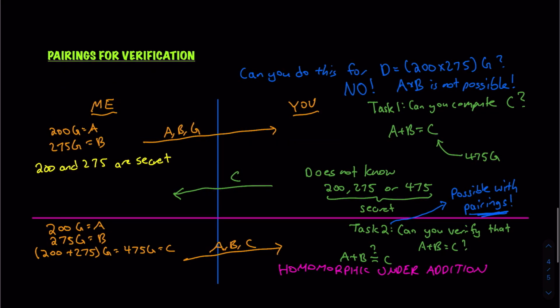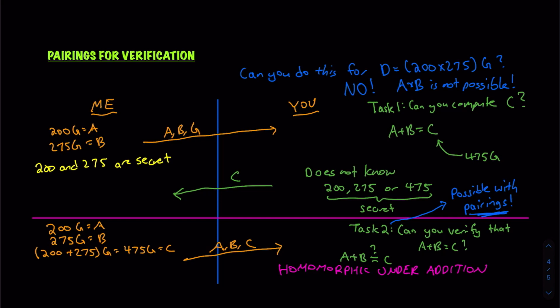Let's go back to why we introduced pairings in the first place. I will rewrite the example that we had. I have calculated 200 times G equals A and 275 times G equals B, and everybody knows G. I had shown you that elliptic curve groups are homomorphic under addition. This meant that I could ask you to calculate C, which equals (200 + 275)G, and you could do it by doing A plus B, even though you didn't know the secret values of 200 and 275.